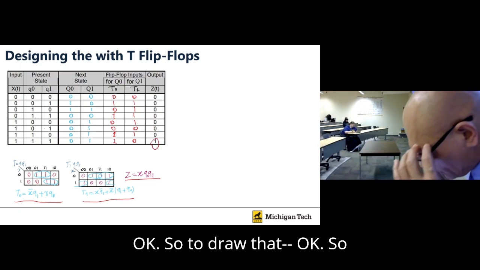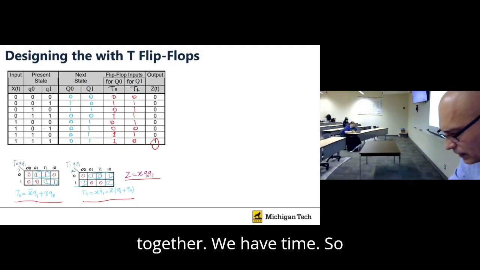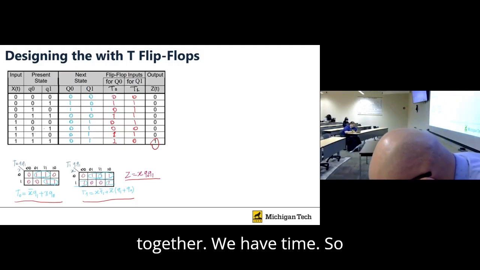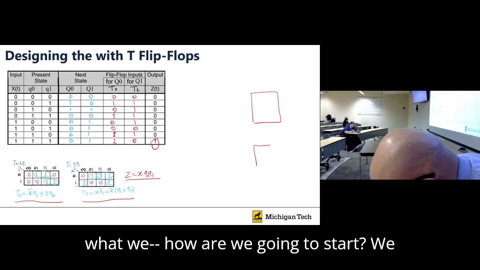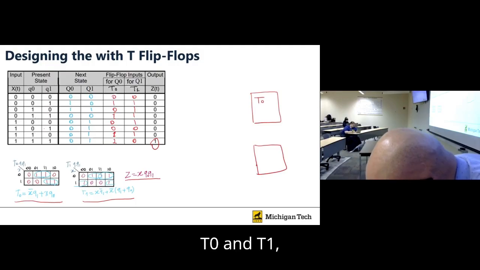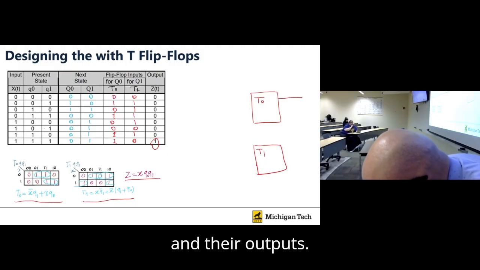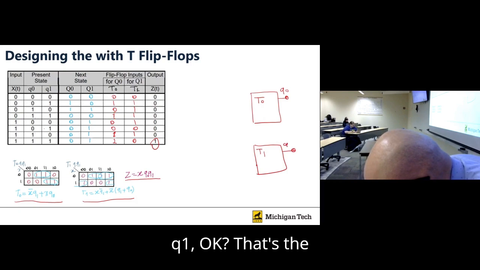Okay, so to draw that, because this is T, let's draw that together. We have time. So how are we going to start? We start with the flip-flops T0 and T1 and their outputs. Here, for example, Q0, Q1.